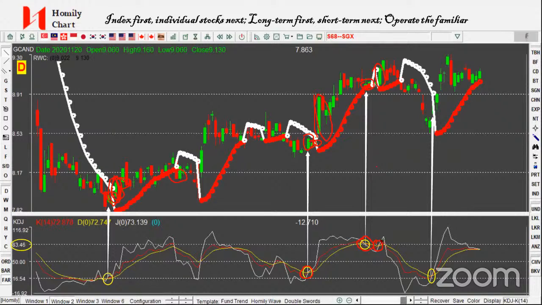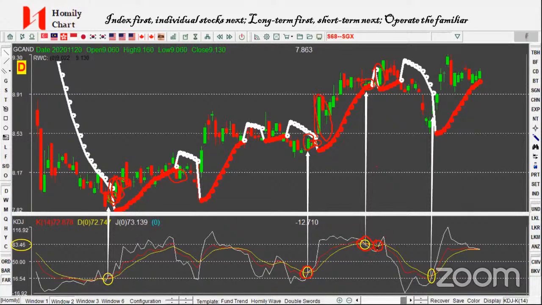So this is the value of KDJ. If it's a volatile market, it will tell you whether the position is high or low, whether or not it's overbought. You check the red and white circle, you don't know whether or not it's overbought. But KDJ tells you that when it's the first red circle here, the market is already in the overbought area.